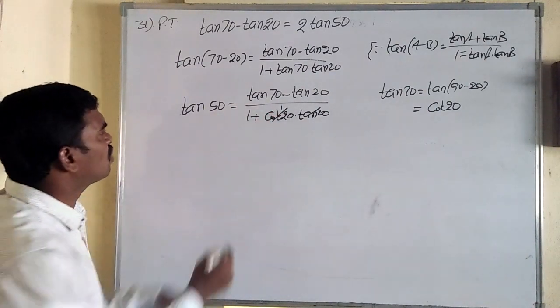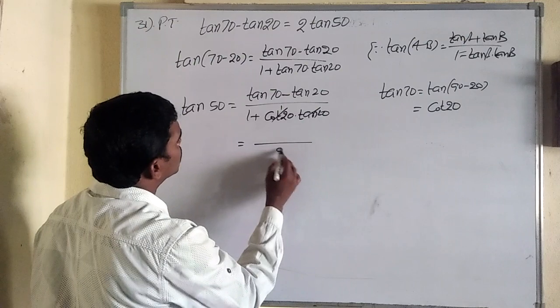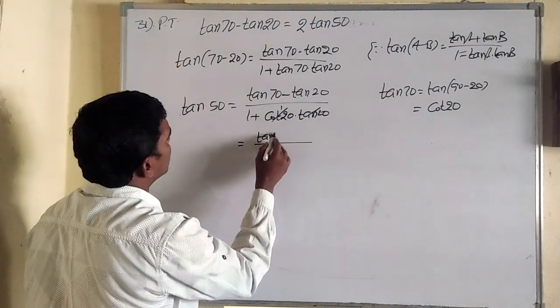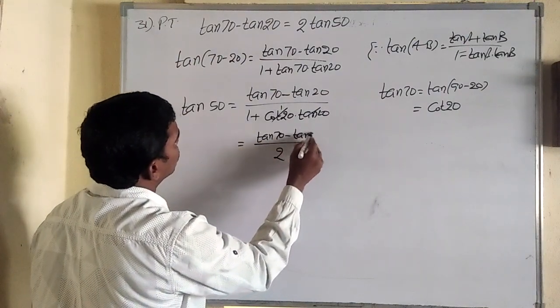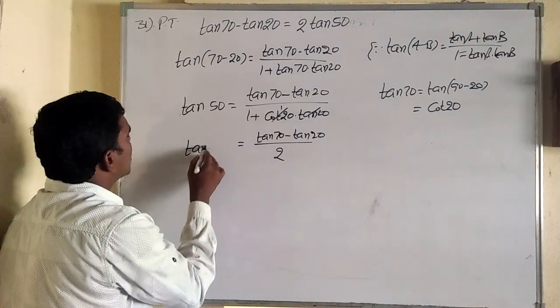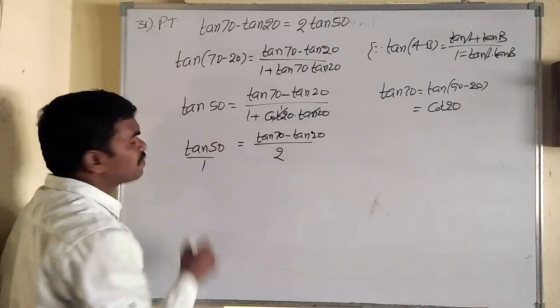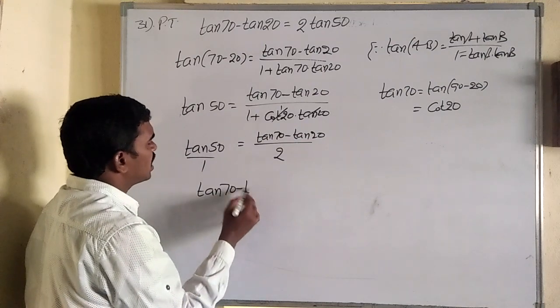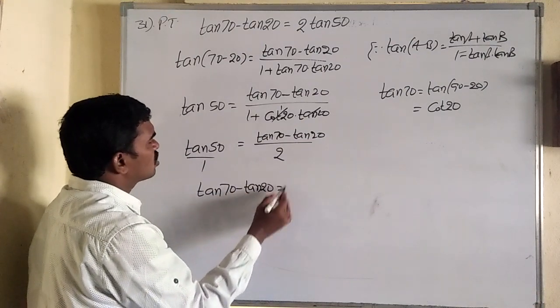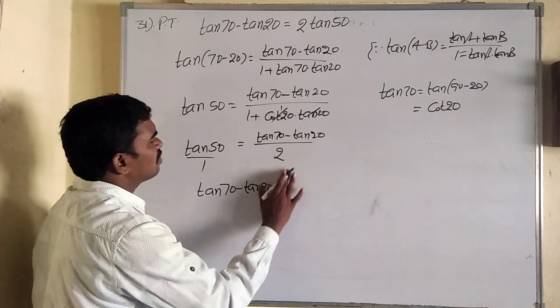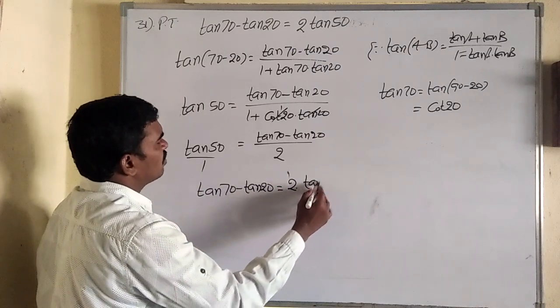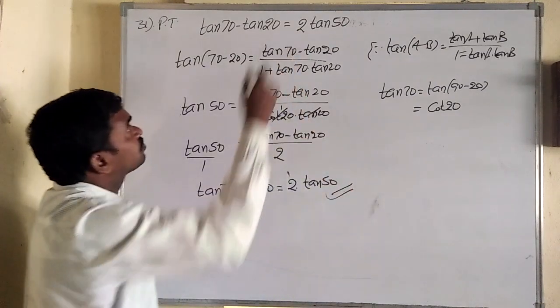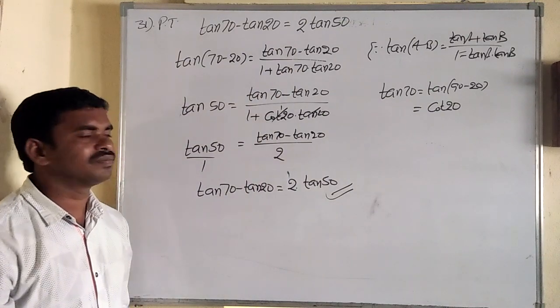So 1 plus 1 is 2, and tan 50 equals tan 70 minus tan 20 by 2. So tan 70 minus tan 20 equals 2 tan 50. Got it? That's it.